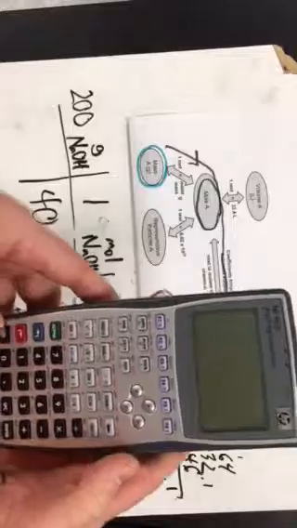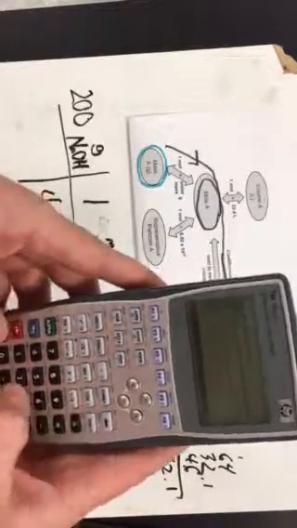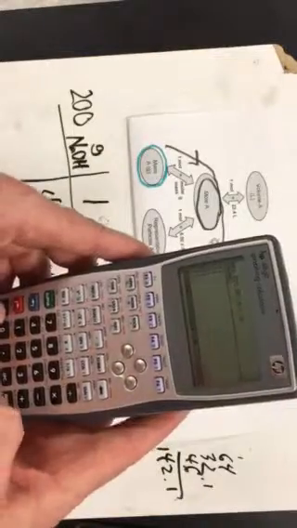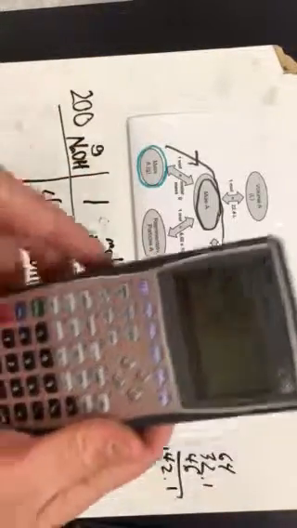So you take your first number and then multiply by anything that's on top, divide by anything that's on bottom, and just keep going along that way. Anything that's a 1, you skip. So on my calculator, I am going to take 200, and I skip the 1, so I'm going to divide by 40.